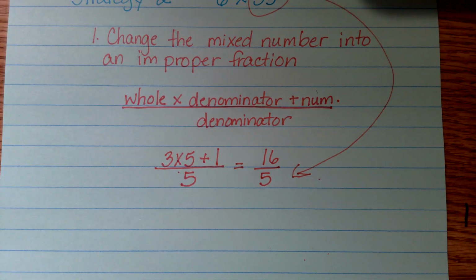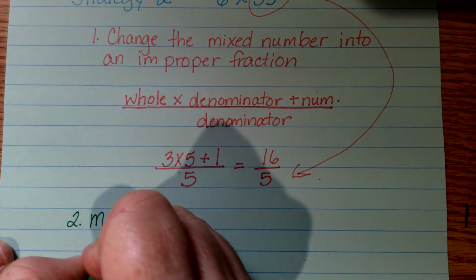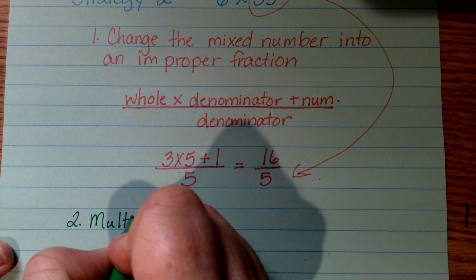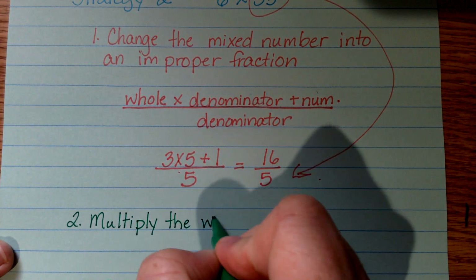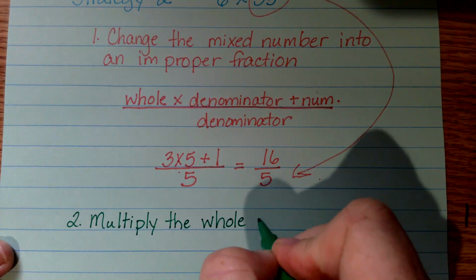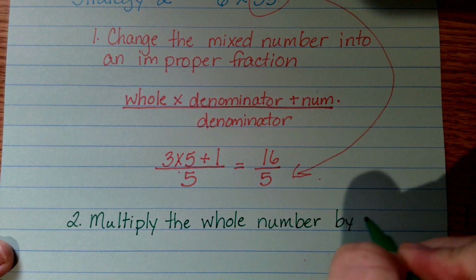Step 2 is to multiply the whole number by the improper fraction.